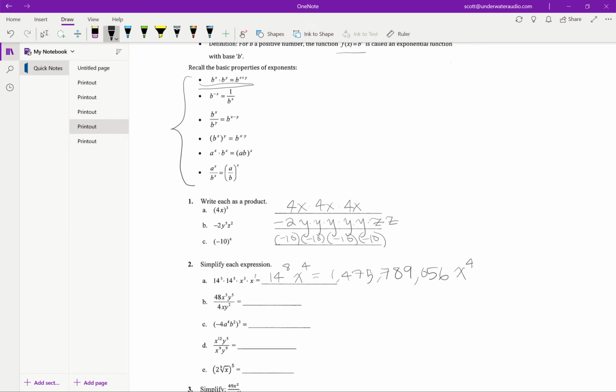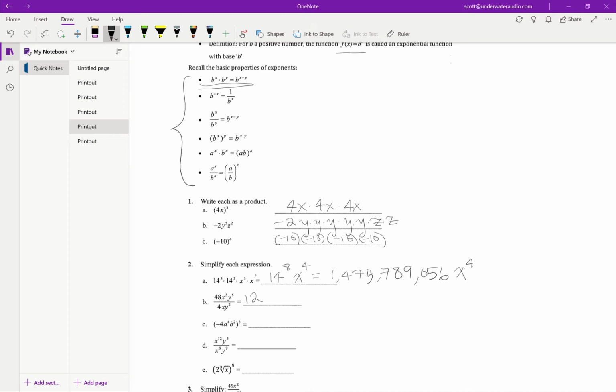Okay, part B. So I have a y to the fifth power and a y squared, and an x to the third over an x. So 48, I think I can divide that by 4. 48 divided by 4 is 12. Excellent.